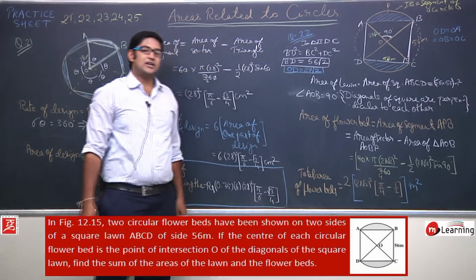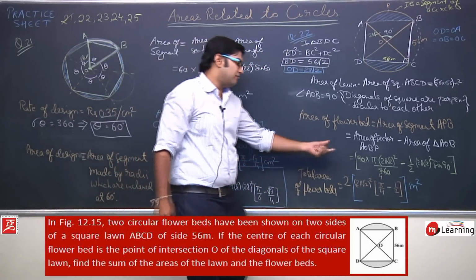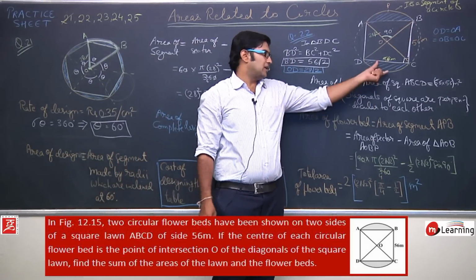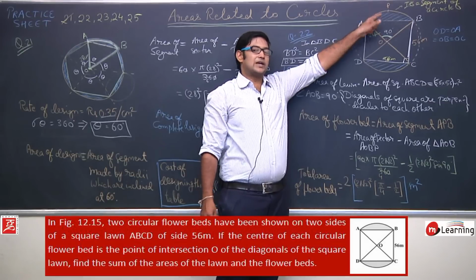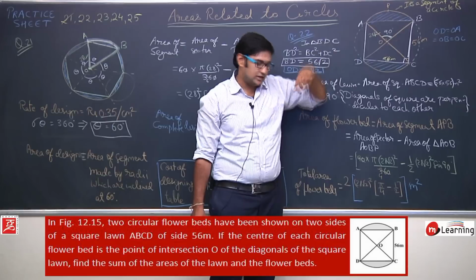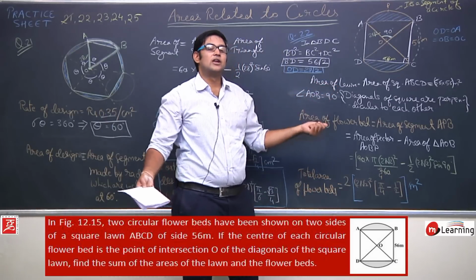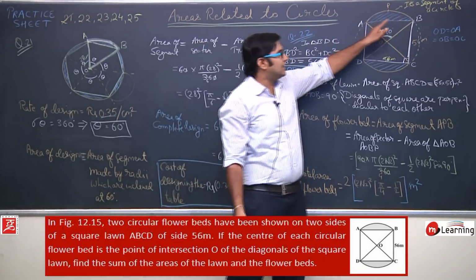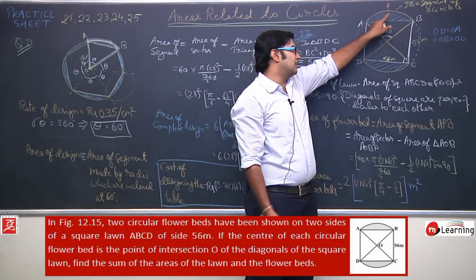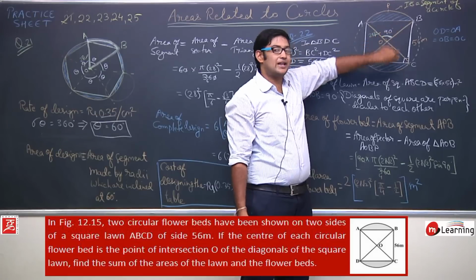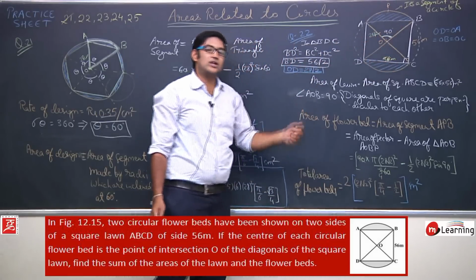So this will be the area. What I have done is I have multiplied this particular area by 2 to get the total area of flower beds. Okay, so this is the area of flower beds, this is the area of lawn. Now if I need to determine the complete area, I can add this area plus the square area plus this area, and you will get the total area.